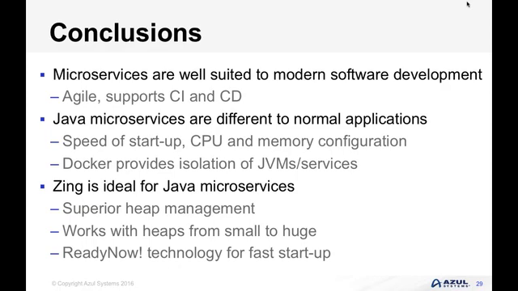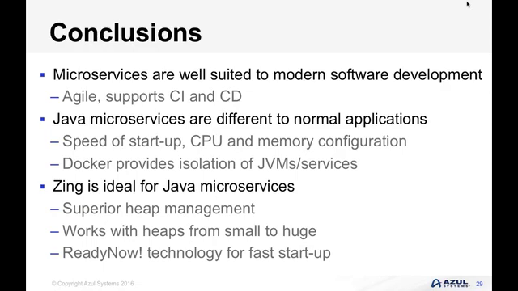If you're going to do scaling by spinning up services as you need them, then speed of startup is going to be an issue. So, as I said, with ReadyNow, avoiding the problem of having a warm-up of your application. Things like CPU, things like memory configuration, you need to be careful about how you do that within microservices and the container because of the issues that I explained about the JVM not being cgroup aware.